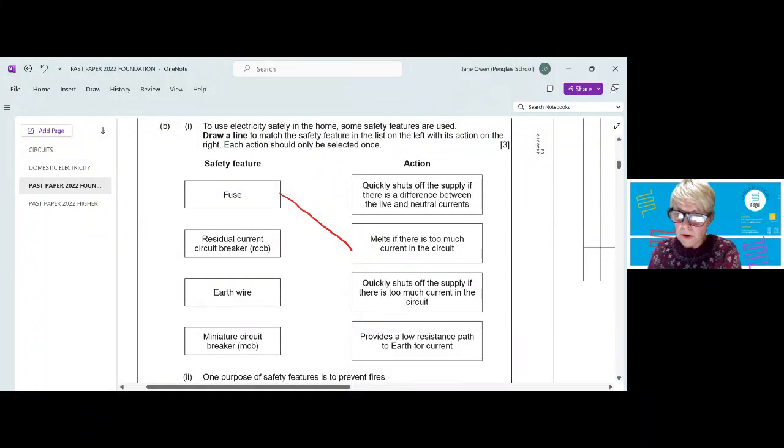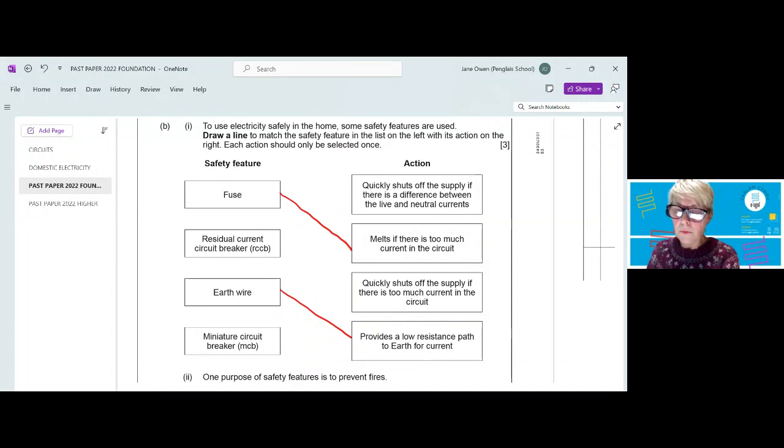The earth wire is the one that provides a low resistance path to the earth for the current to go in. Okay, so a massive amount of current is able to flow, low resistance path, and it can zip down all the way to ground. So we've got to sort out the miniature circuit breaker and the residual current circuit breaker.